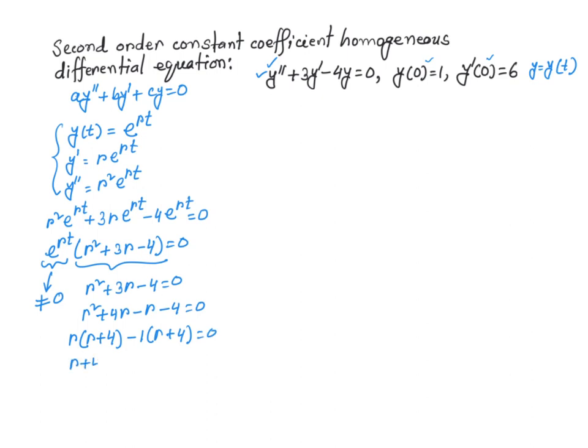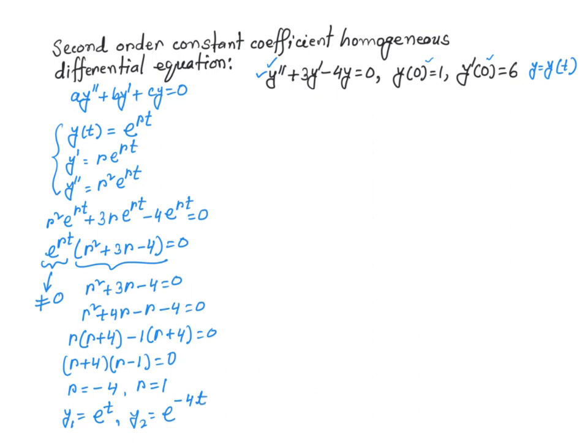Or r plus 4 times r minus 1 is equal to 0. So this is going to give me r is equal to negative 4 and r is equal to 1. So my y1 is going to be e to the power t, let's call it, and my y2 is going to be e to the power negative 4t.